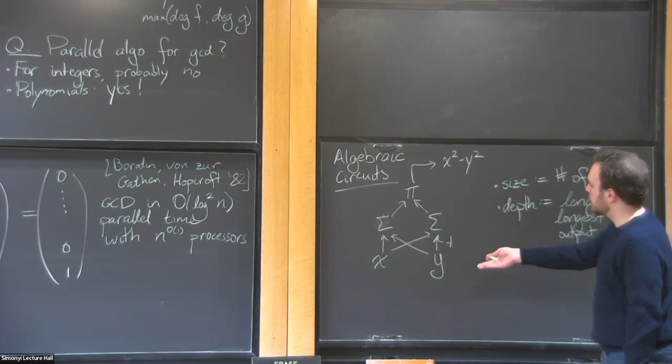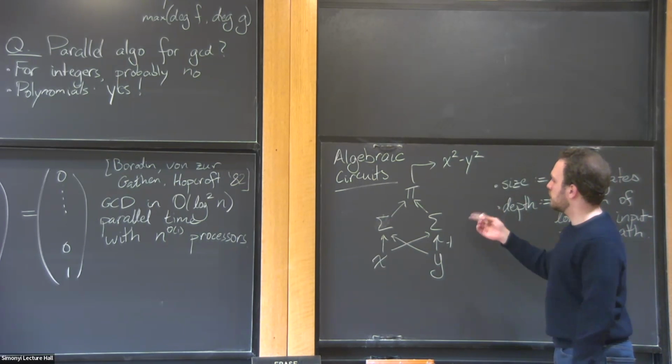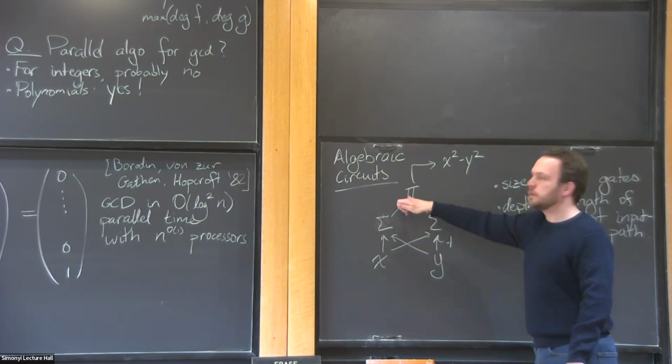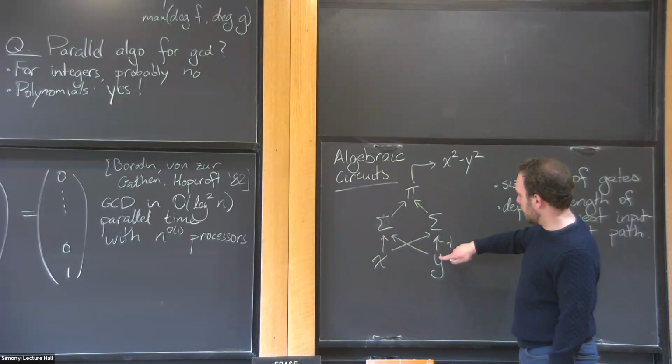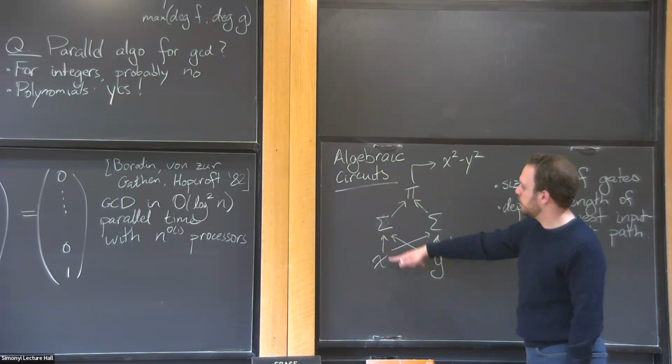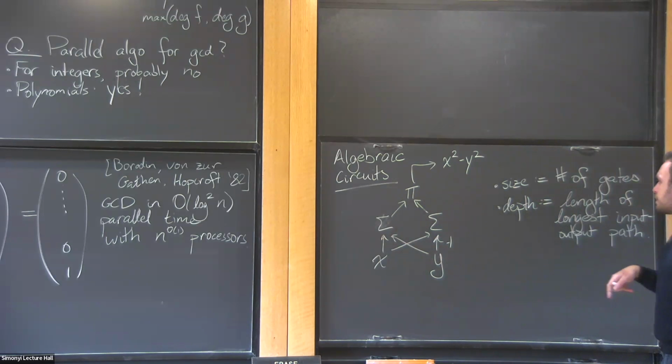For example, this circuit has size 3 because I have 1, 2, 3 gates, and it has depth 2: from every input I can reach the output in a path of length 2, and there's nothing longer.